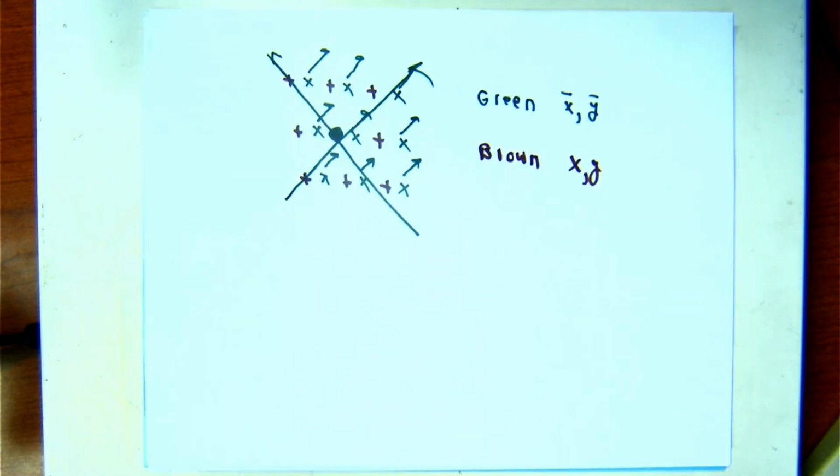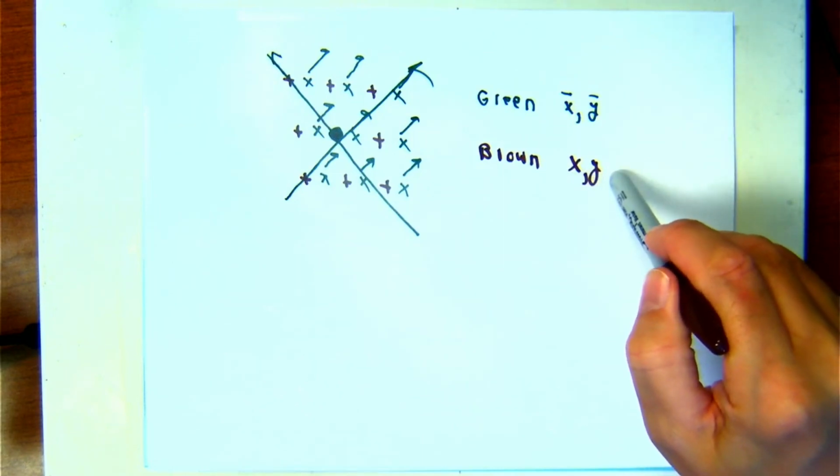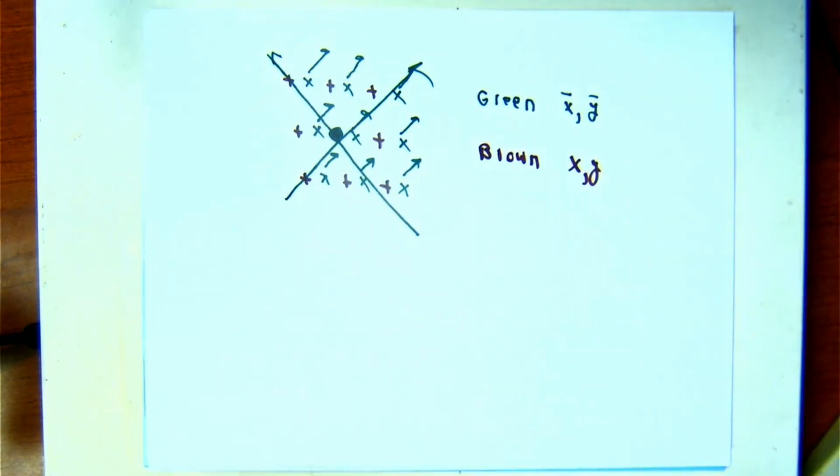Even at this stage, there's kind of a psychological bias that people might be thinking that X and Y are the real important coordinates, and because these are X's and Y's with extra symbols, they are somehow less important than the other ones. I could have called the green ones X and Y and the brown ones X bar and Y bar. This is just a way to keep which system we're using in mind.